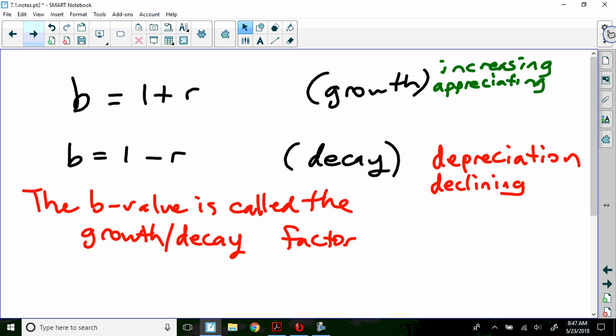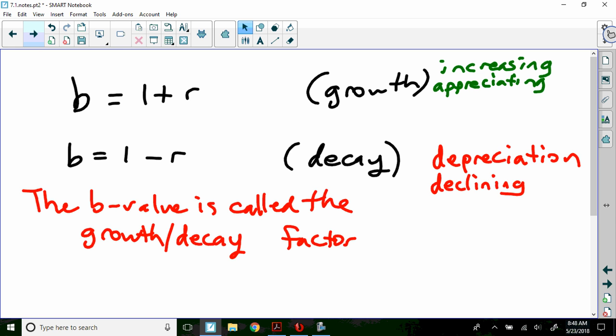They might ask you to identify the decay factor. All that is the b value. The growth or decay factor is the b value. A lot of textbooks like to use that particular language. So the b value is called the growth factor or the decay factor.